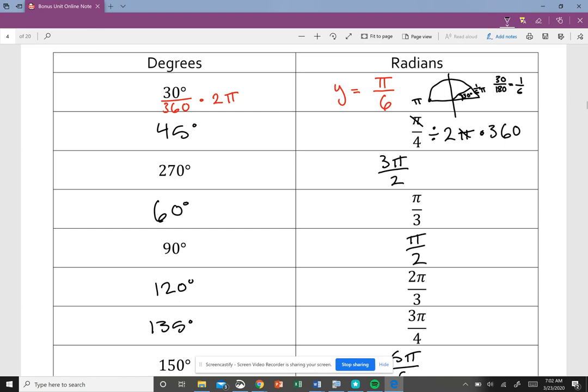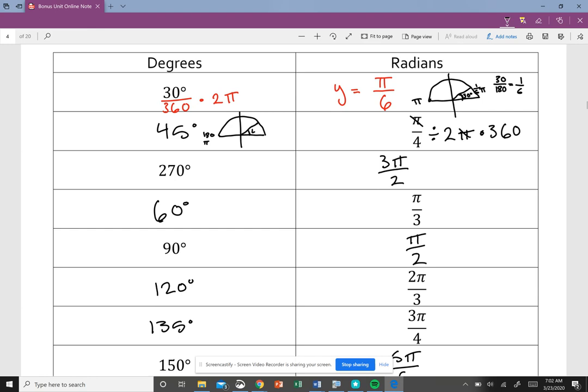If you look down here at 45 degrees, it's pi/4. If you think about this, this is 180 degrees, or pi. Then 45 degrees would put us right here.